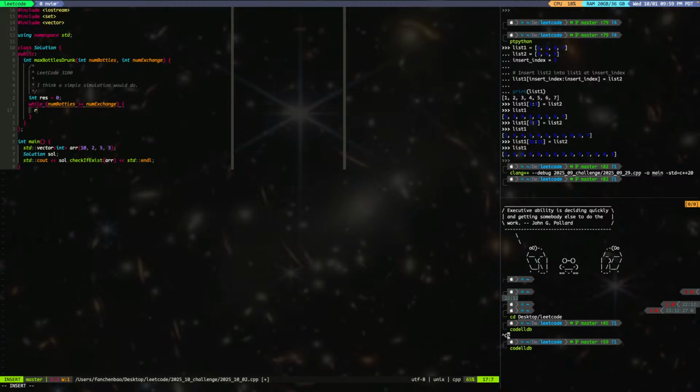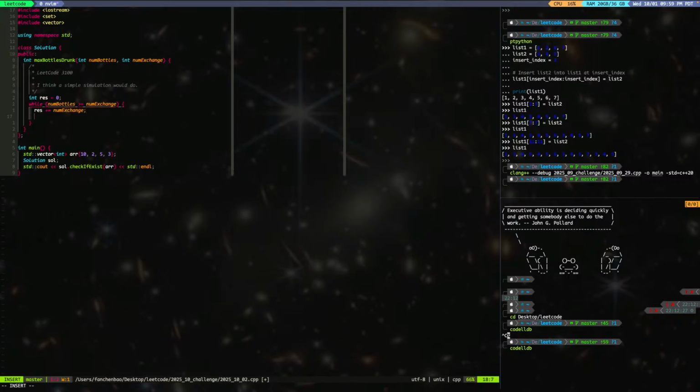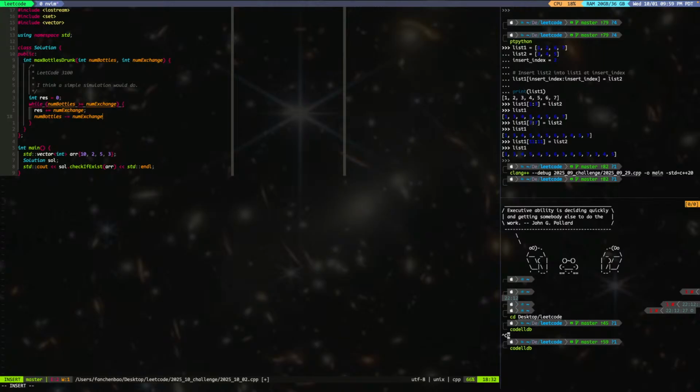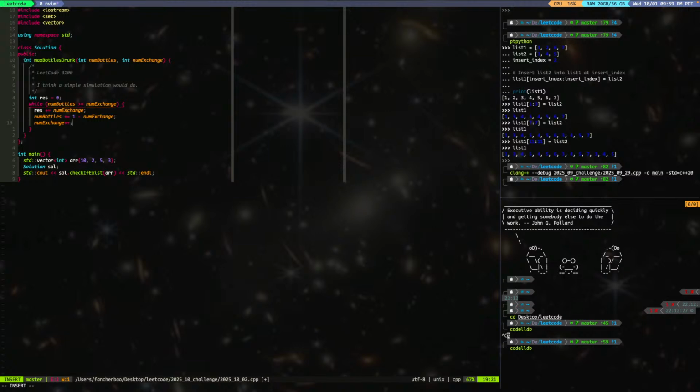What's going to happen is res plus equal to numExchange, and numBottles minus equal to numExchange. Actually, we're going to say plus equal to 1 minus this, and numExchange plus plus. And when we get out, we'll return res plus numBottles.